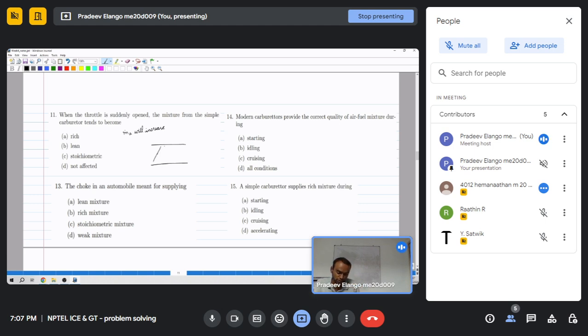Before the throttle is open fully, there will be some deposition of fuel in the manifold, and when it is open fully, the pressure will be higher, so there will be more deposition, and because of this it will become lean.